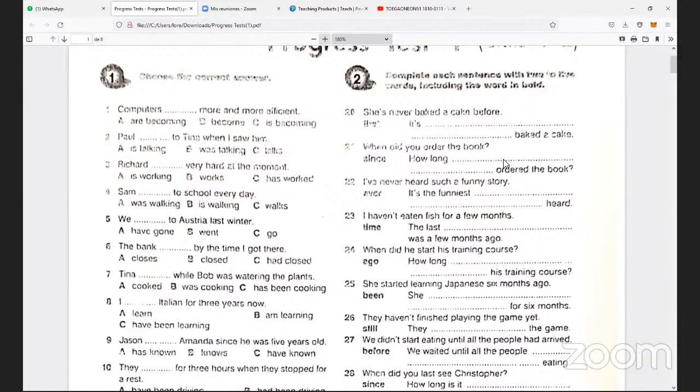It's the funniest story I ever heard. Very good. Excellent. The last time I ate fish was a few months ago. Very good. The next. When did he start his training course?